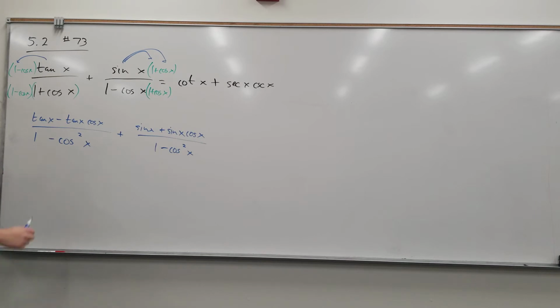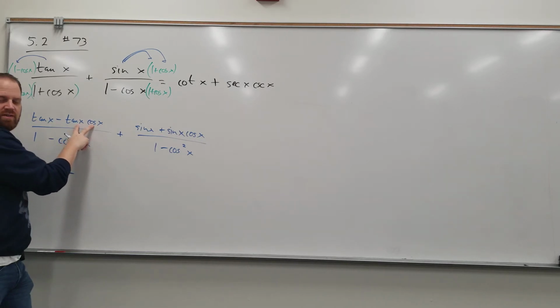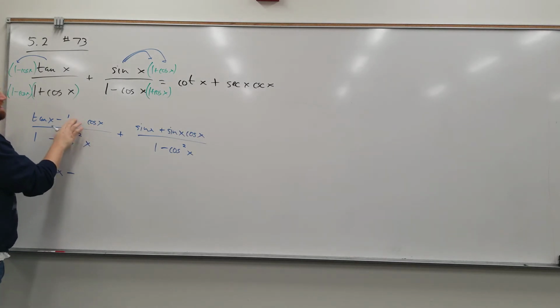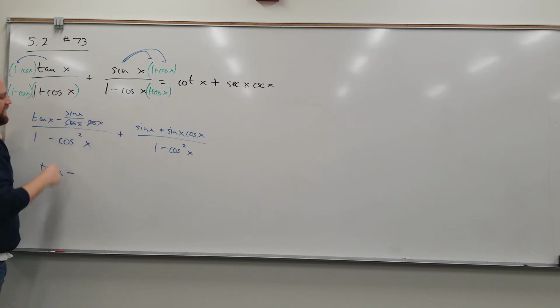Okay, so let's see what we get. Now we have tangent x minus, now tangent is sine over cosine, right? So I'm really thinking of this like sine over cosine, in which case the cosines are going to cancel and just leave me with sine x.